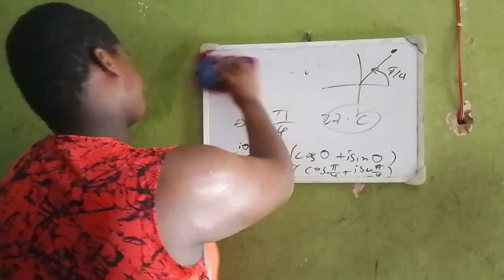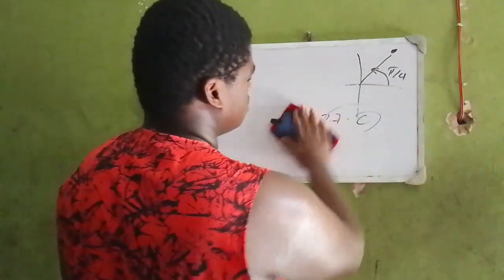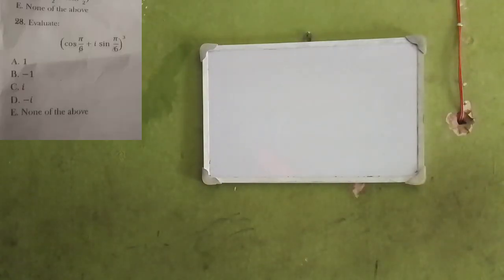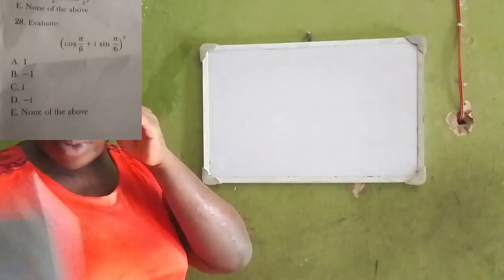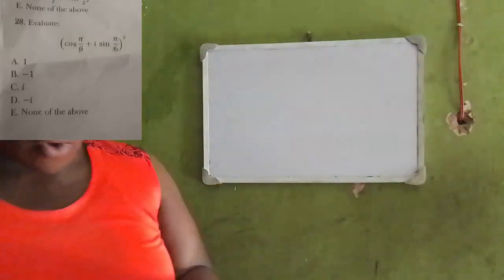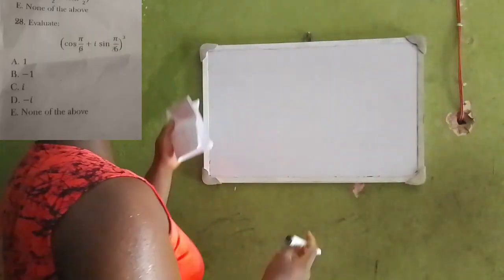Let's go to question 28. Question 28 asks us to evaluate cos pi over 6 plus i sine pi over 6 to the power of 3. Now, I don't know what method you've been taught, but first of all, let me expand this first.